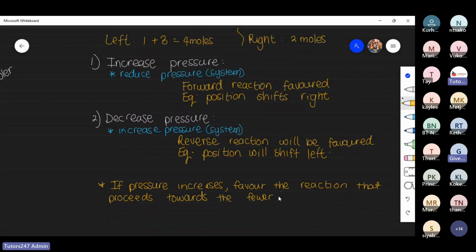You can say fewer or you can say lesser number of moles.